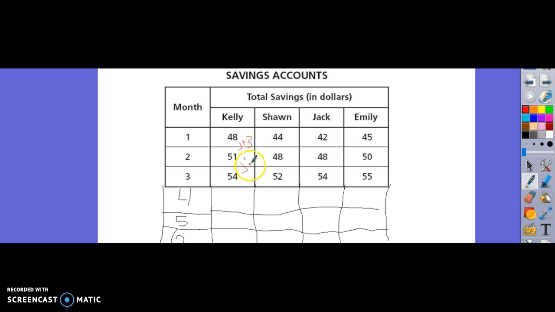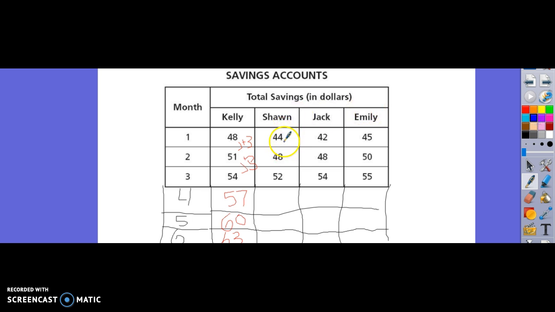How much do I need to add to get from 51 to 54? 3. So Kelly's pattern is to add 3. 54 plus 3 is 57, plus 3, 60, plus 3 is 63. So at the end of 6 months, Kelly has saved $63.